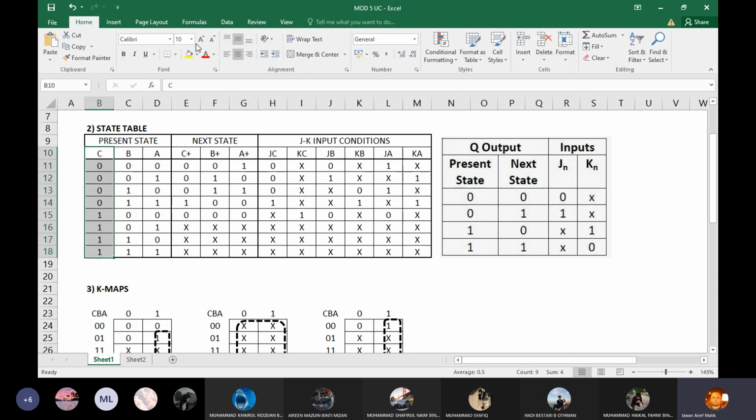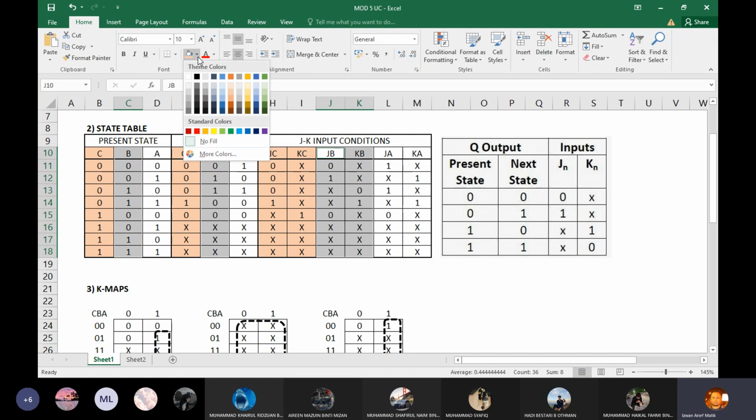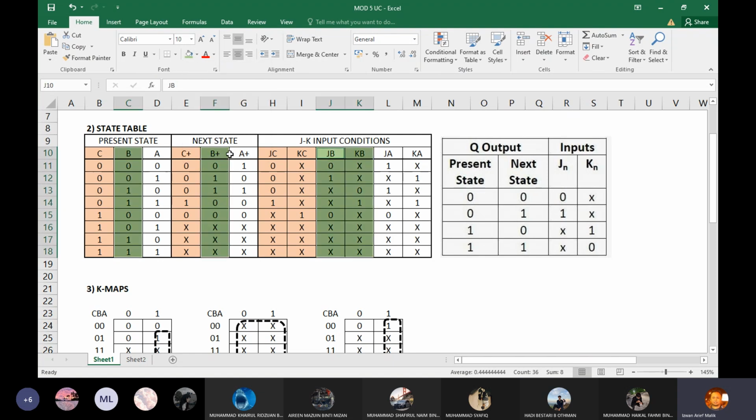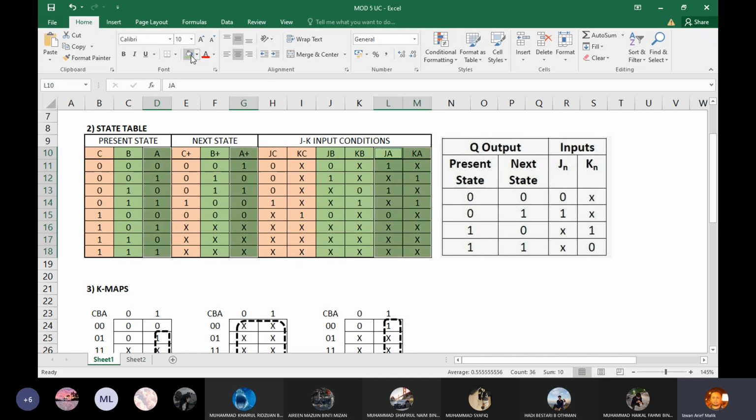So what I need to do is compare between this C and C plus to obtain these two. B and B plus to obtain JB, KB. A with A plus to obtain JA, KA.